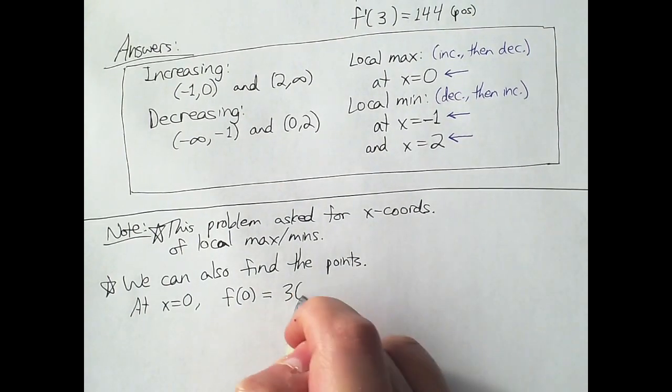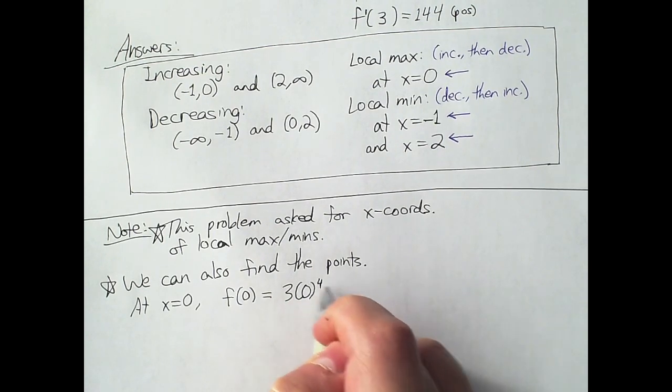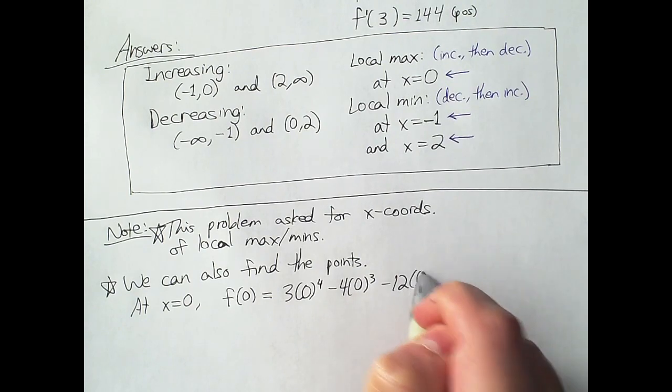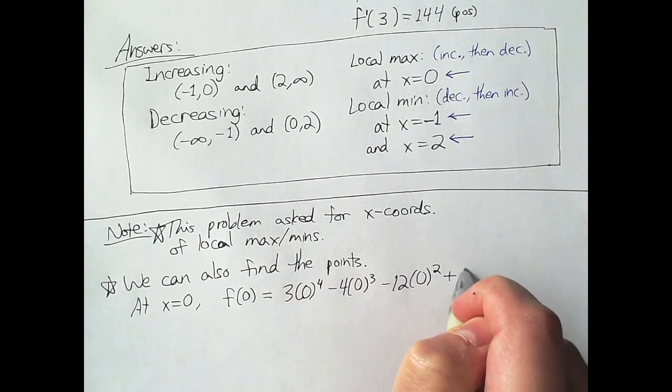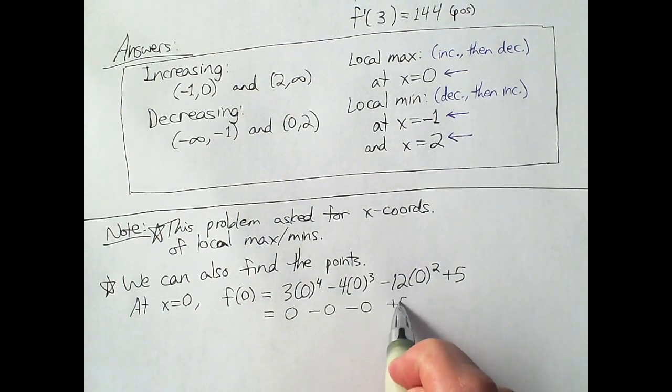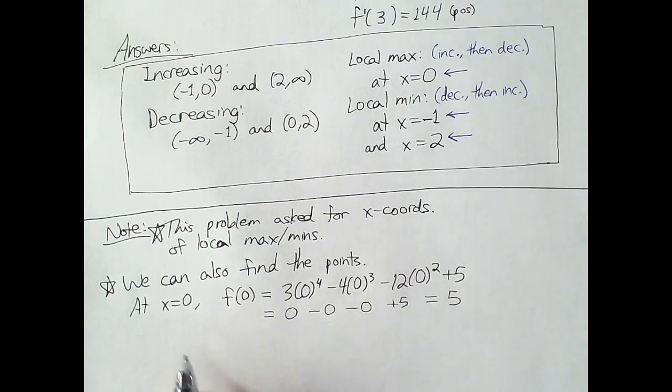It was 3 times x to the 4th minus 4 times x to the 3rd minus 12 times x squared plus 5, right? So this whole thing, not the derivative, but the original function f. All right, 0 minus 0 minus 0 plus 5 equals 5.